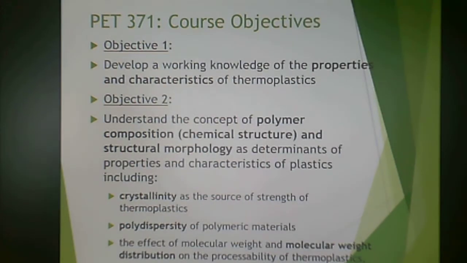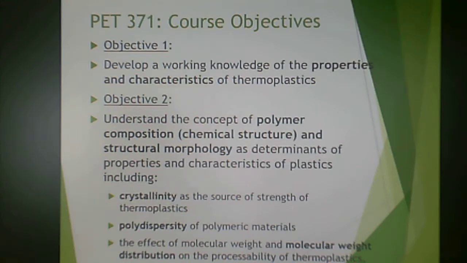So the objectives of this course are to develop a working knowledge of the properties and characteristics of thermoplastic resins. Also, to understand the concept of polymer composition, in other words, their chemical structure, and structural morphology as determinants of properties and characteristics of plastics.